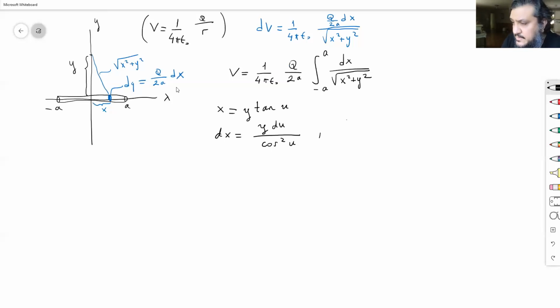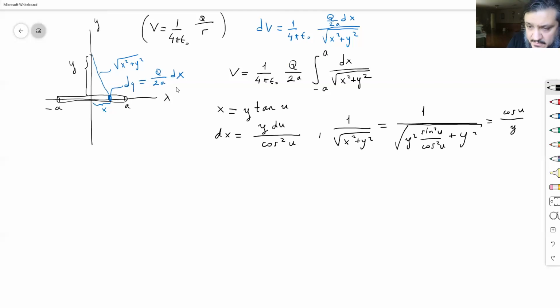And 1 over the square root of x squared plus y squared will be 1 over the square root of y squared sine squared u over cosine squared u plus y squared. Okay, so this will give us cosine u over y.